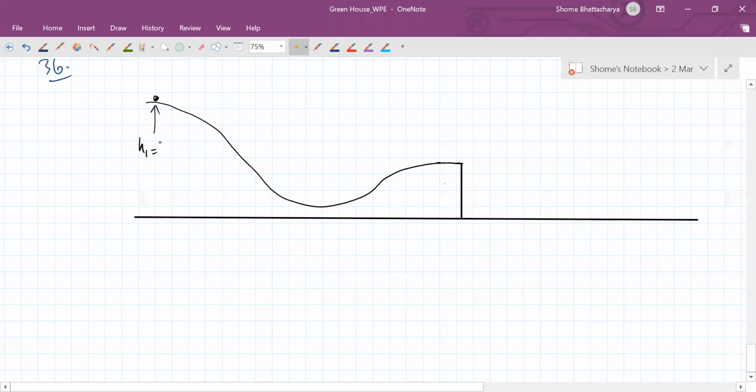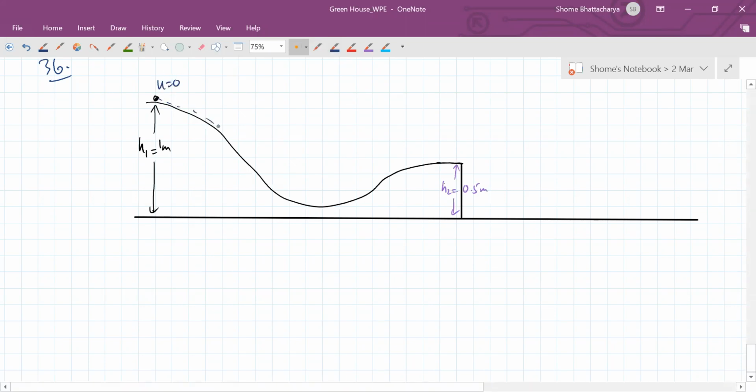This is 1 meter high, and here this is 0.5 meters high, sorry, not 0.2. Okay, and then we release this particle from rest over here.